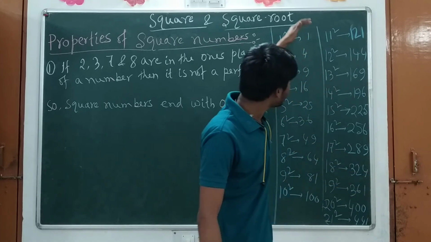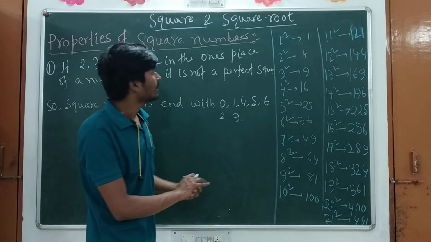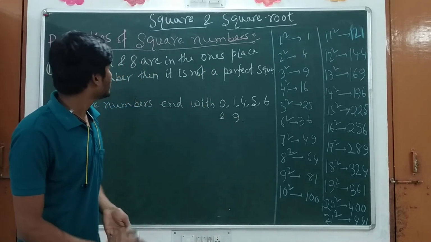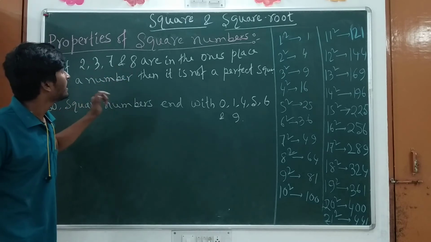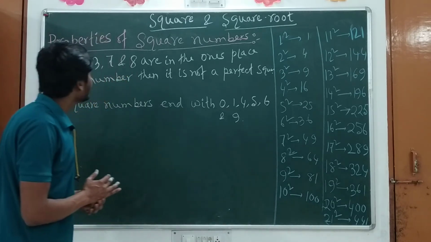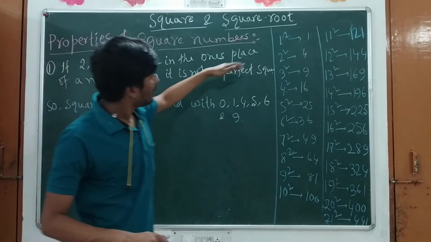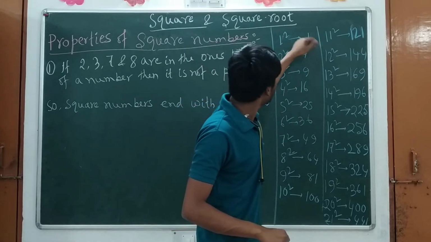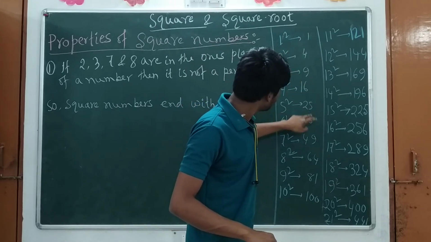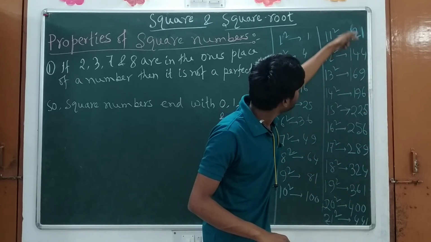If we observe the square numbers, you will find some interesting properties. After observing, the first property is: if 2, 3, 7 and 8 are in the ones place of a number, then it is not a perfect square. If you look at the ones places of the square numbers, there is 1, 4, 9, 6, 5, 6, 0 and so on.